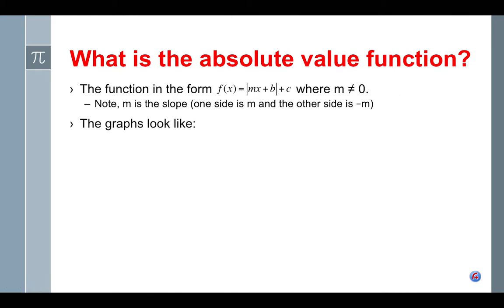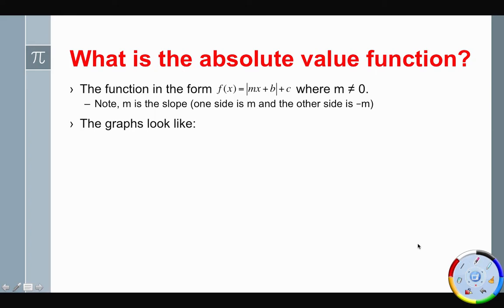So let's take a look at what the graphs look like. You might remember the shape of these graphs from previous math classes. If I just set up a set of axes here, the graph is a V-shape graph. This would be an absolute value function.